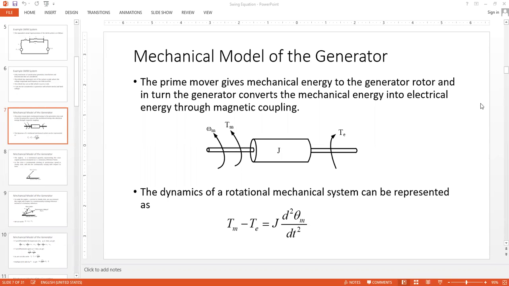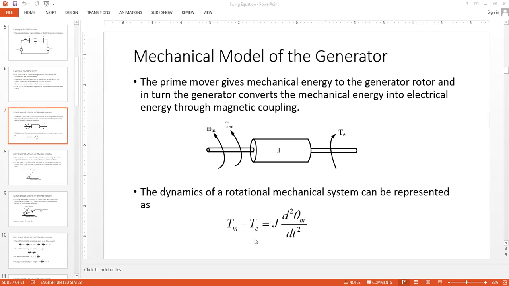Okay, let's continue. So the dynamics of this rotating part of the synchronous machine was represented with the help of Newton's law of motion. We came up with this equation because on this rotating body having inertia J, we had two different torques: one was the mechanical input torque Tm, and Te was in the opposite direction of Tm.